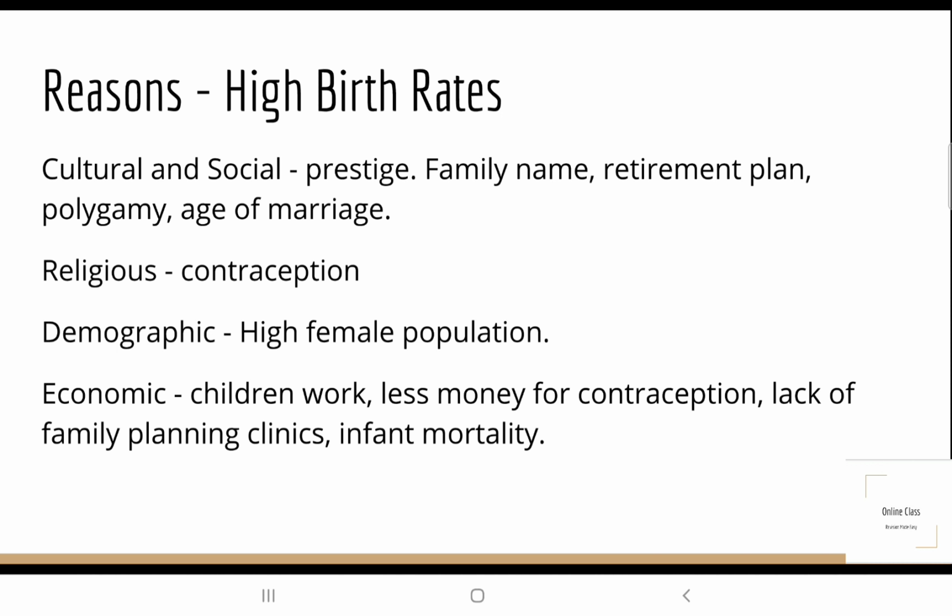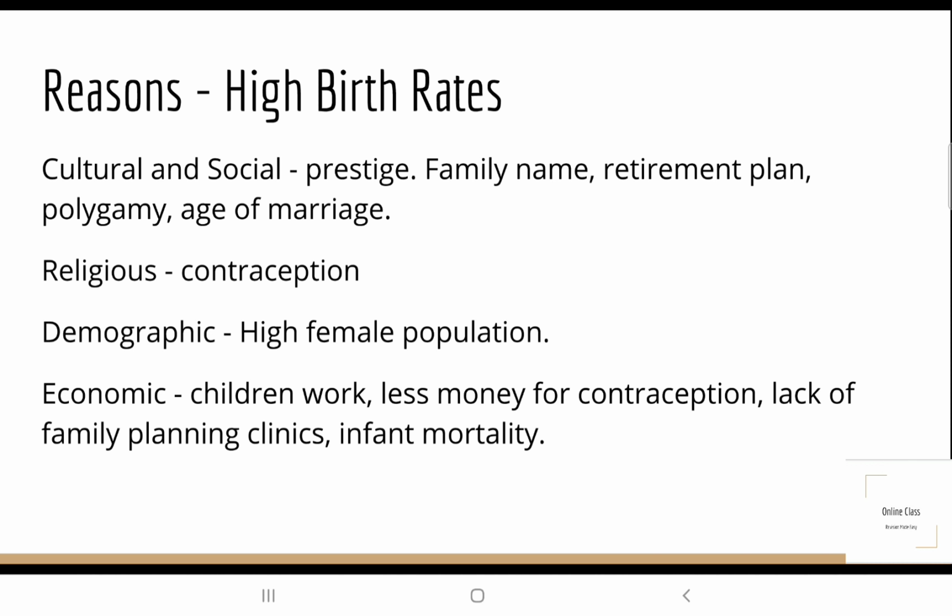Also, family name. Some cultures have a desire to carry on the family name that is passed down through the male line, and parents will often keep on having more children until they have a son to carry on the family name.